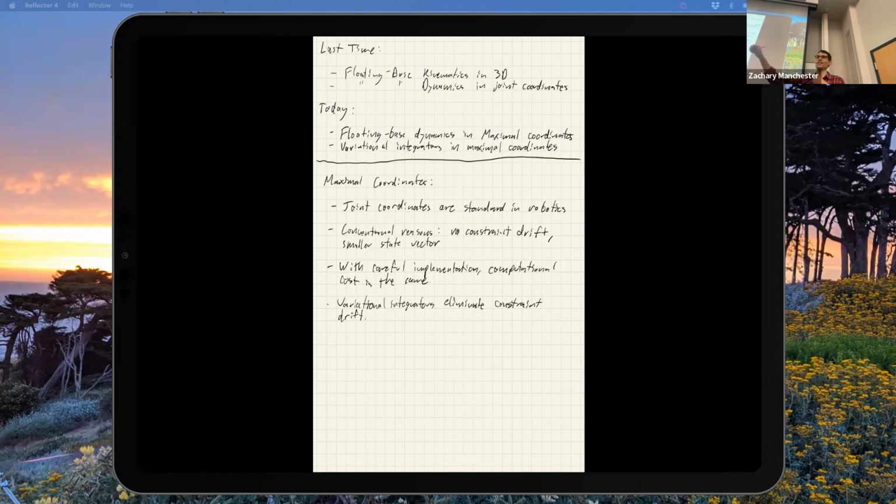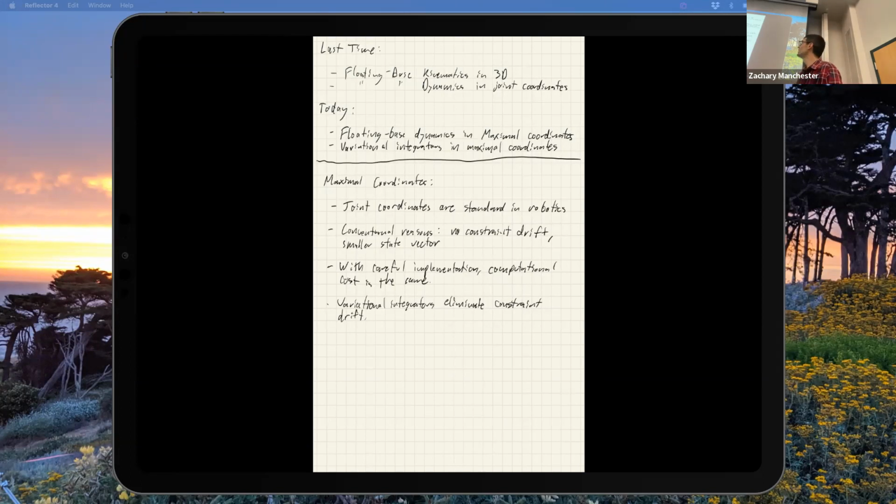The whole point of forward kinematics is to get the full world frame SE3 pose of all your links by traversing and going through all the joint angle stuff. In maximal coordinates, that's your state vector. The full SE3 pose is just in the state vector for everything. So you basically never have to do these again, which is kind of nice. And it turns out to be a big win in a lot of contexts. It makes some things a lot easier.